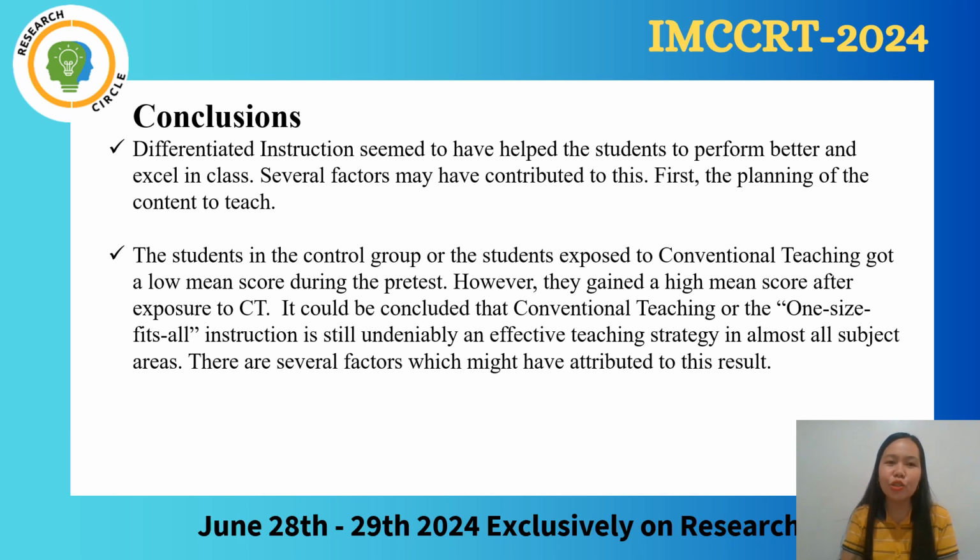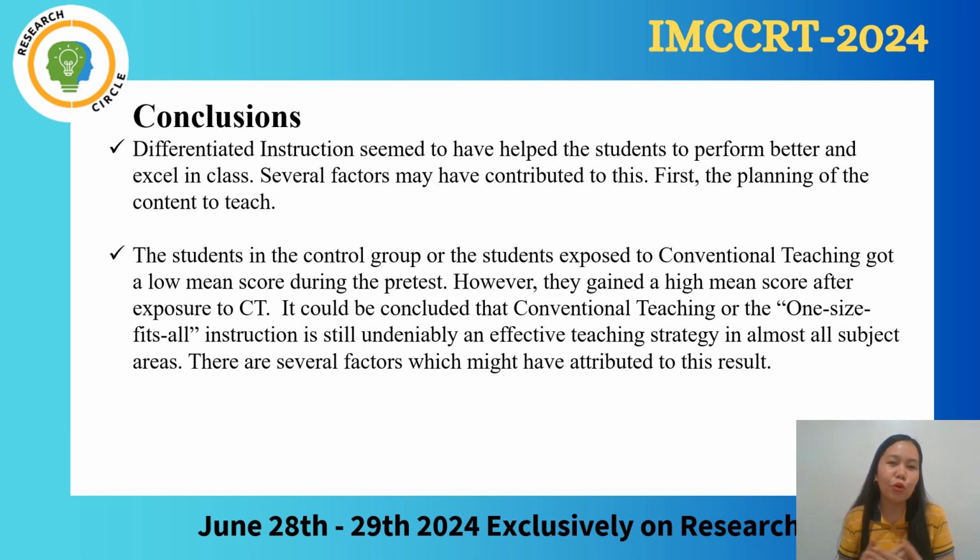For the conclusion of the study, differentiated instruction seemed to have helped the students perform better and excel in class. Second, the students in the control group, or the students exposed to conventional teaching, got a low mean score during the pre-test. However, they gained a high mean score after the exposure to conventional teaching.